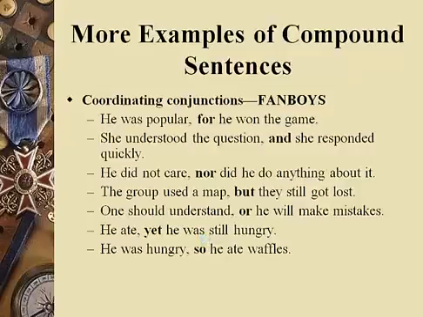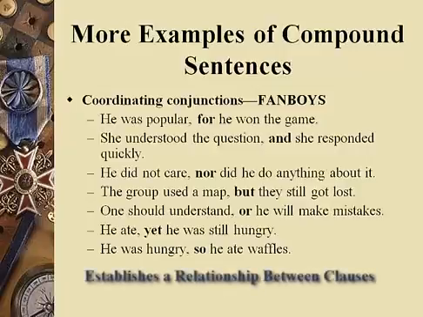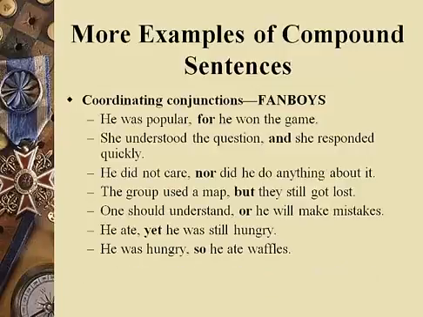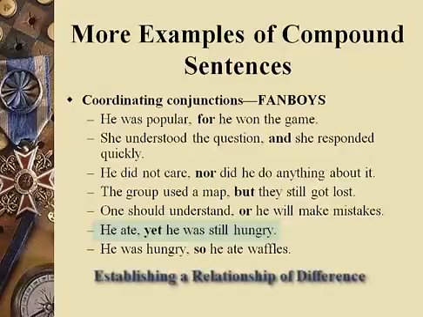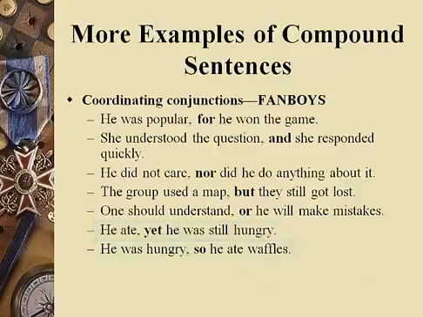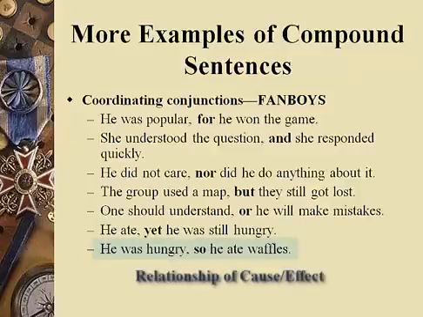One of the other things to consider with these very basic monosyllabic conjunctions is that each one of them establishes relationships between the two clauses. For example, in the penultimate sentence, he ate, yet he was still hungry, you're establishing a difference, an almost adversarial relationship between the first clause and the next. The final example is cause-effect.